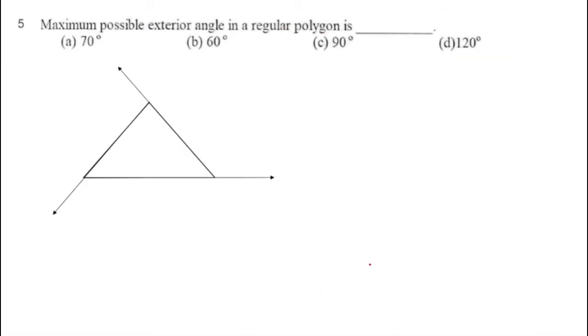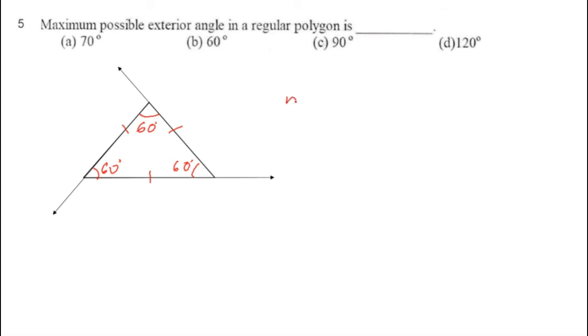Question number 5. Maximum possible exterior angle in a regular polygon is. If you consider the smallest regular polygon, it's a triangle in which 3 equal sides and 3 equal angles are present. Each of these angle measures is 60 degrees.